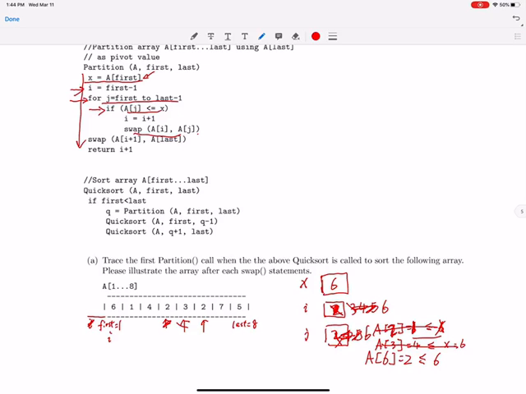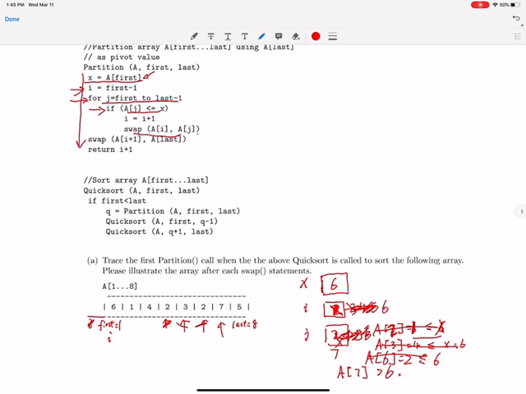Swap A[i] with A[j], nothing happened. And now j is 7. So we are here now. Finally, A[7] is greater than 6, so I don't go into the body of the if statement.